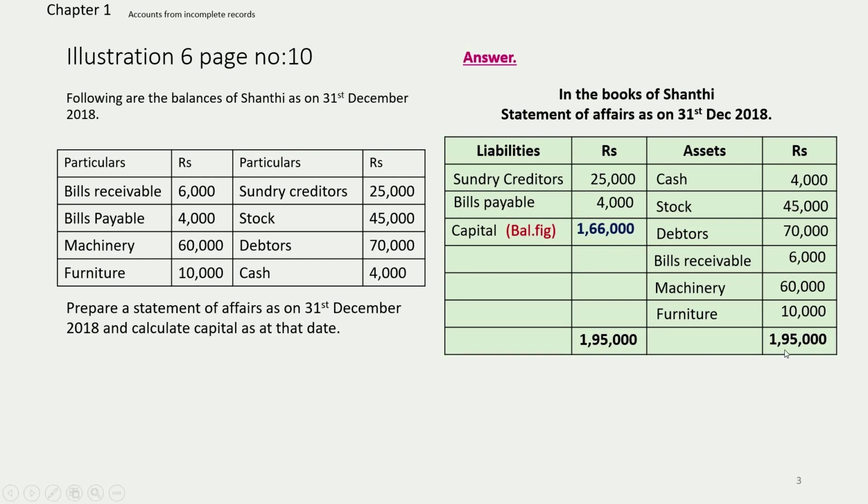The asset side total is higher, so we are writing it on the liability side also. Then, we are arriving at capital as a balancing figure by subtracting 29,000 from 1,95,000, which comes to 1,66,000.